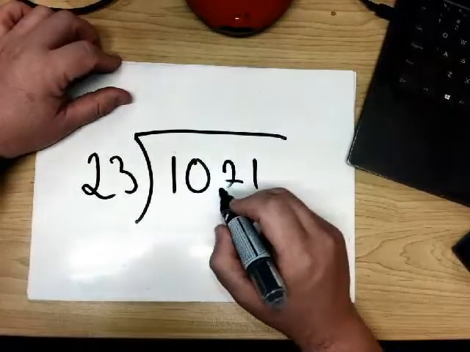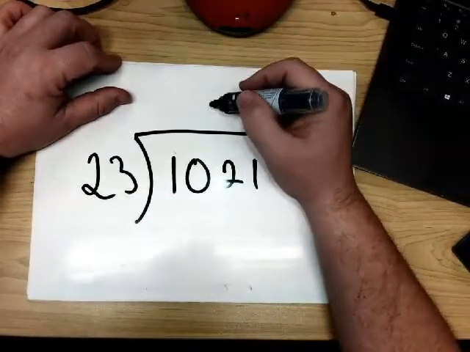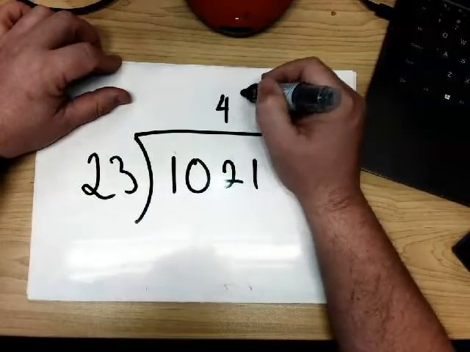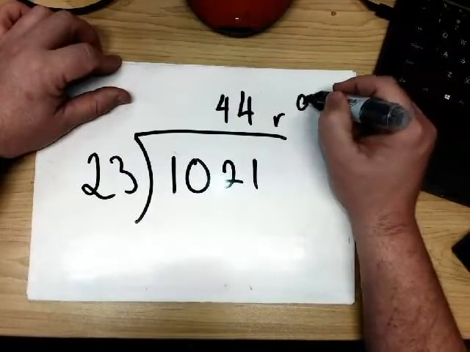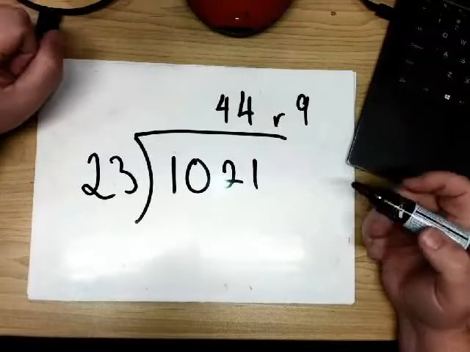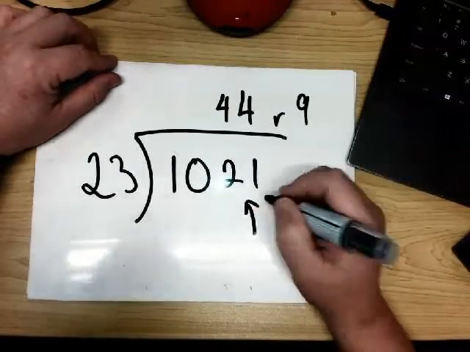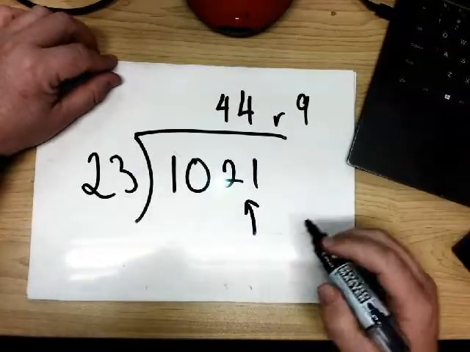So it's 1,021 divided by 23 gives us 44, remainder 9.